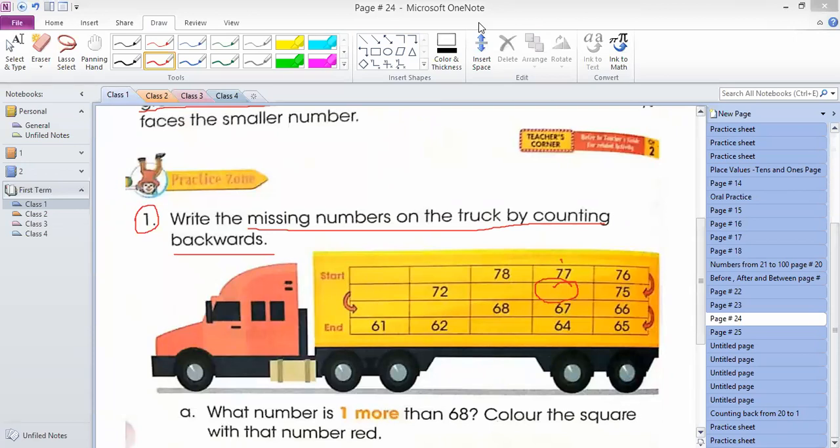Okay, Faisal, please tell me what number comes before 75. What should I write here? Yes, I'm hearing you. What number comes before 75?